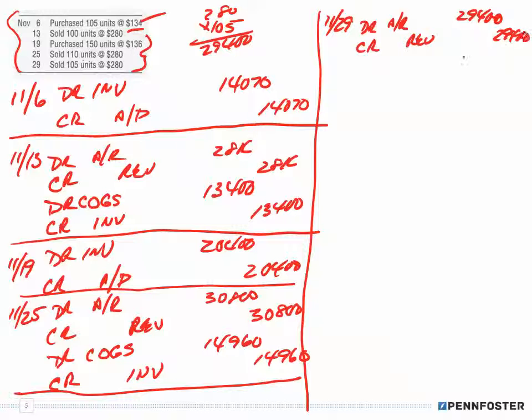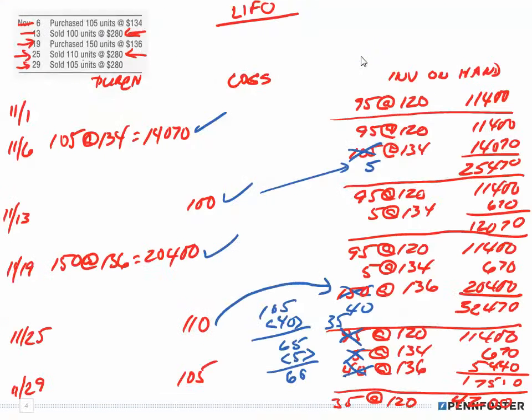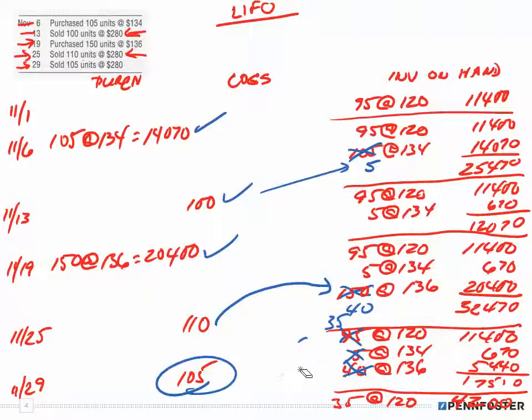29,400. And of course I have to adjust my inventory, so debit my cost of goods sold and credit my inventory. But now remember we're selling 105 units here. Whoops, wrong way. We're selling 105 units. Now, in selling the 105 units, I have to account for those costs.